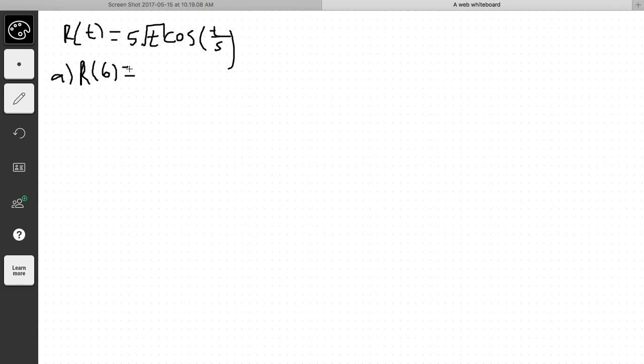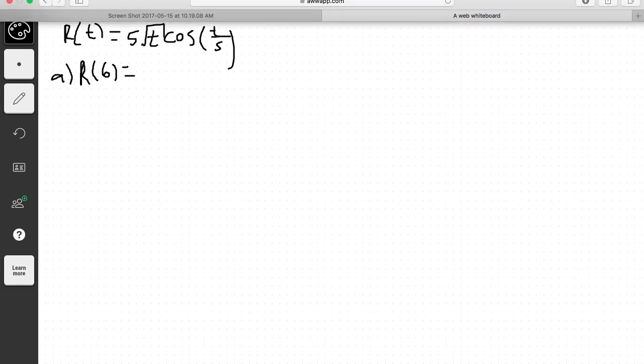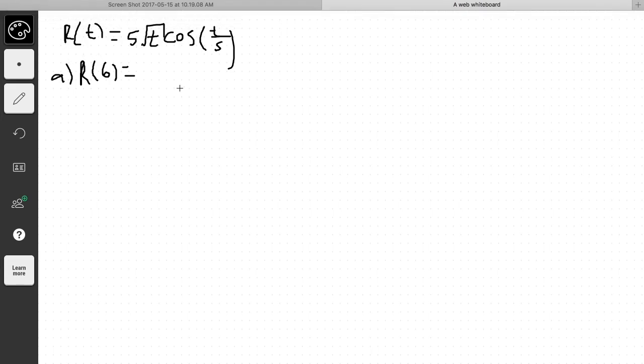So anyways, what we are going to do now is plug in r of 6, and once we have that in our calculator, it becomes a lot easier.